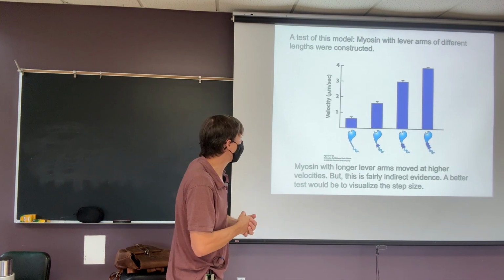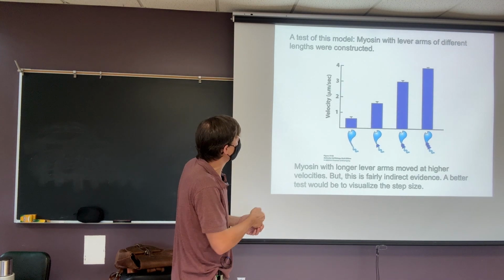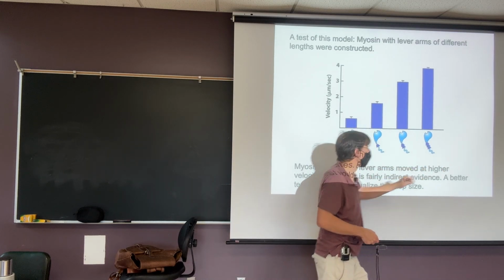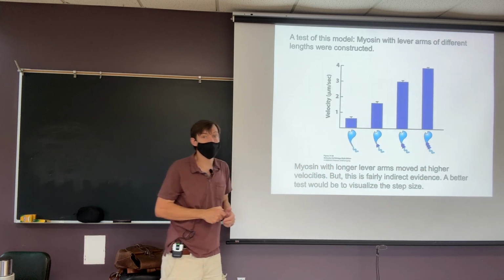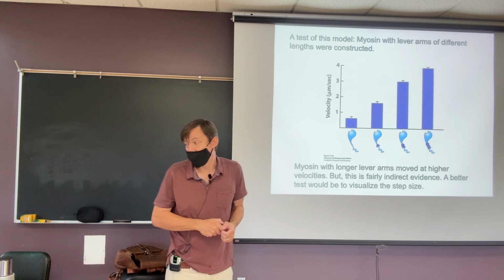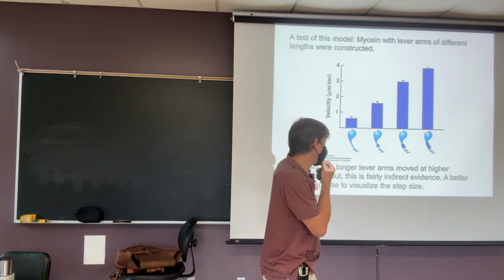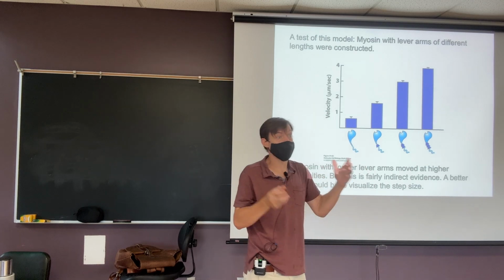And what they found is that the longer the neck domain, this lever arm, the faster the actin filaments slide.